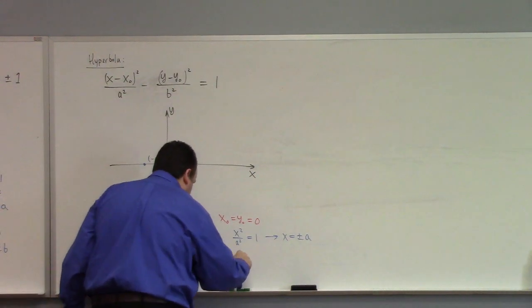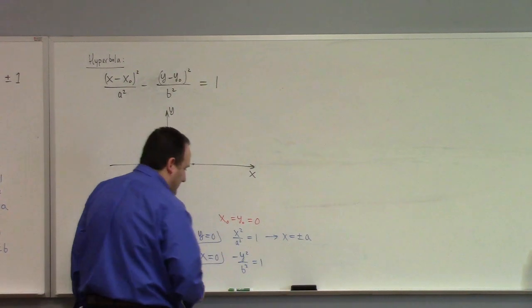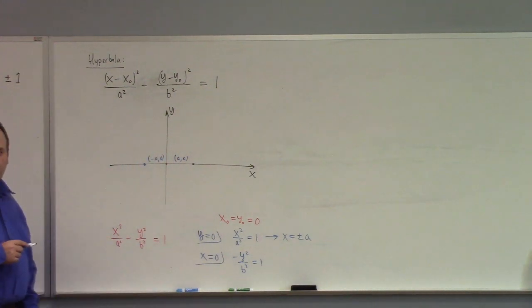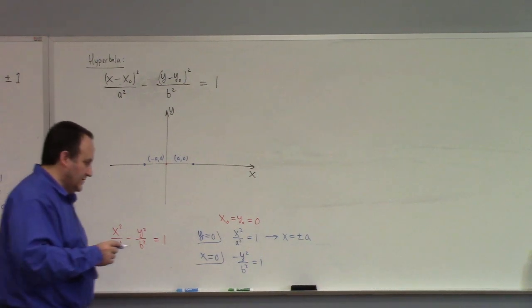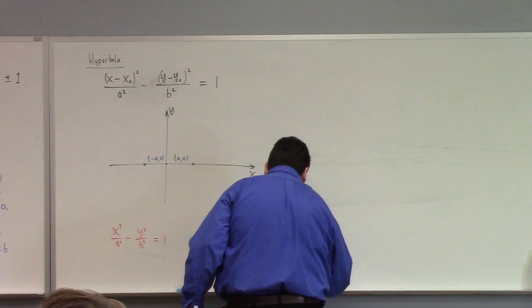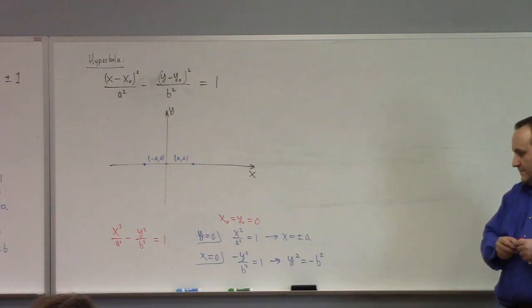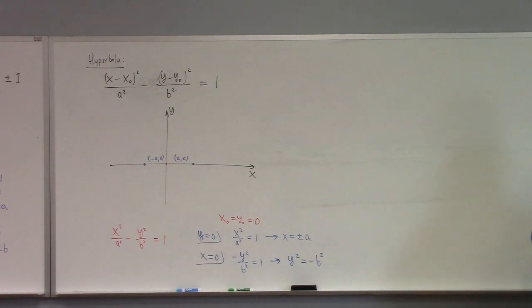We've got minus y squared over b squared equals 1. In other words, this says that y squared is equal to minus b squared. What is the solution to that? Can you find a real number whose square is equal to a negative?